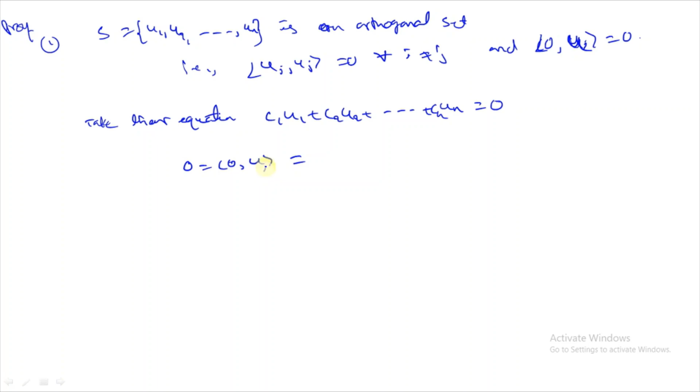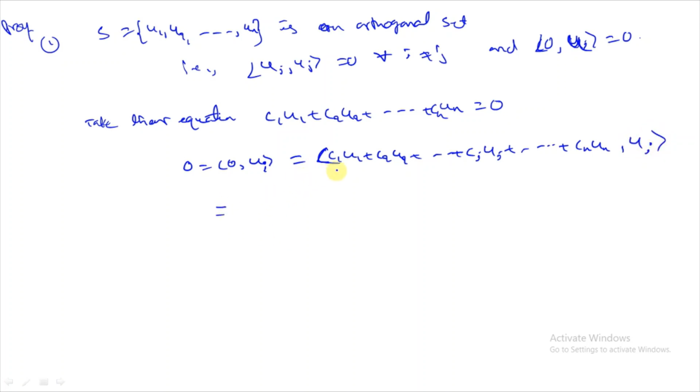We can write the inner product of 0 with Ui, which means the inner product of C1 U1 plus C2 U2 plus and so on, Ci Ui plus and so on, Cn Un, with Ui.